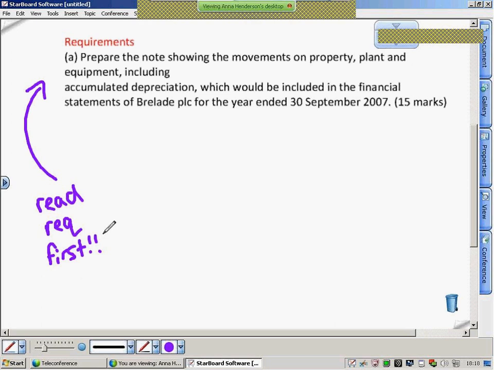One thing I'm going to do here, just because I want to develop this slightly further than we've got in the workbook, I just want you to add a part B here. What I'm going to do is talk through a little bit extra on revaluation.